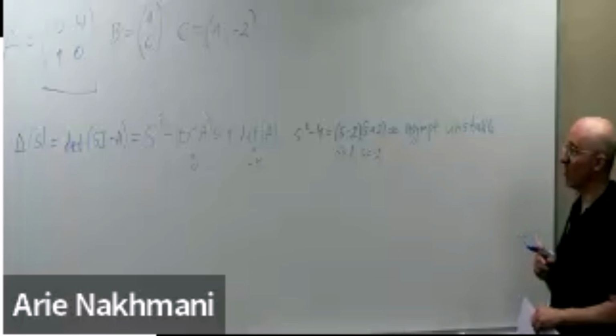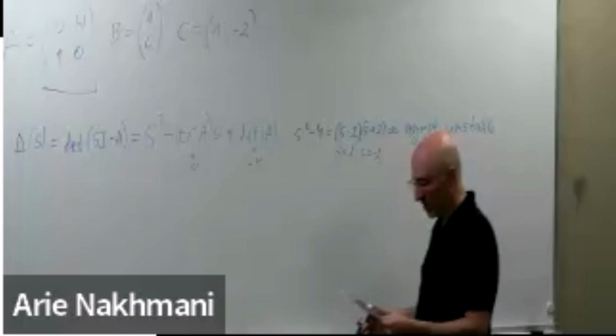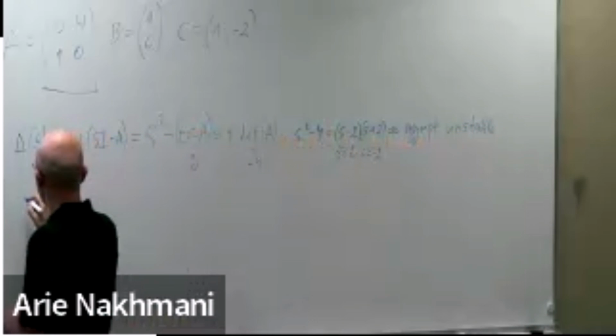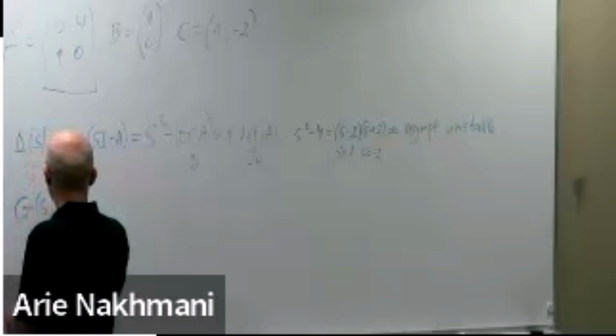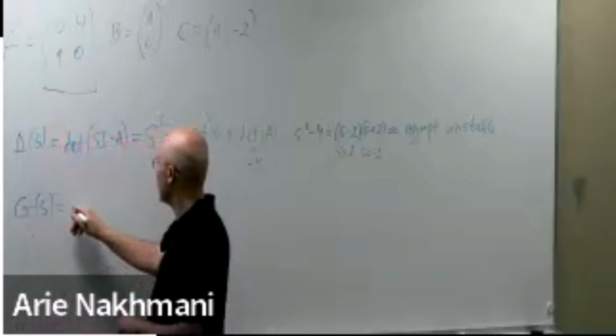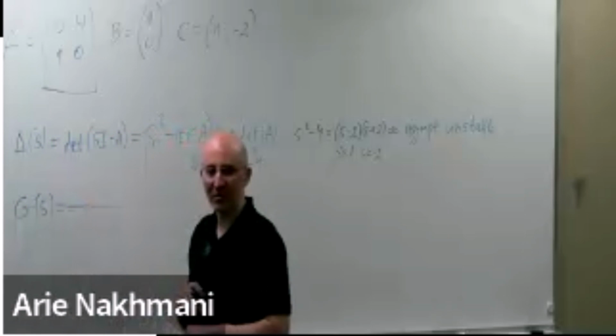Now we want to find the transfer function. Transfer function is relatively easy. You pick your methodology, how you want to find it. I will use, as an example, just a determinant divided by another determinant.